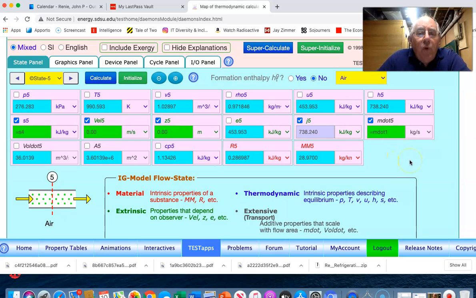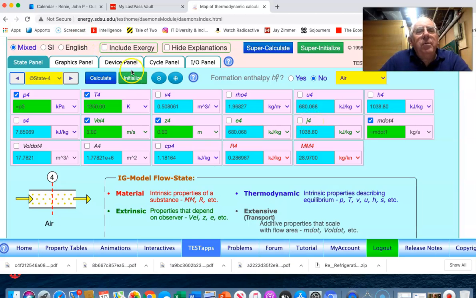Now, another way to have generated state 5 is, since the work is just the change in the flow energy, this is the J term, we could have put in that this J at 5 is actually, if I went back to 4, J4 plus the J associated with the difference between 3 and 2. So we could have put that work in as a function of the flow energy.